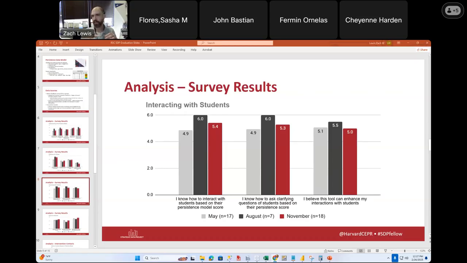They didn't want to go into those conversations with the message that, hey, we're reaching out because we identified you as a student who was, quote unquote, at risk of not persisting. And so how do you go about managing those dynamics organically, but in a way that helps students ultimately be more successful?